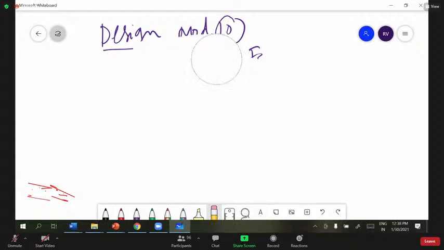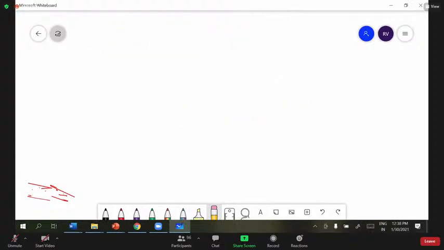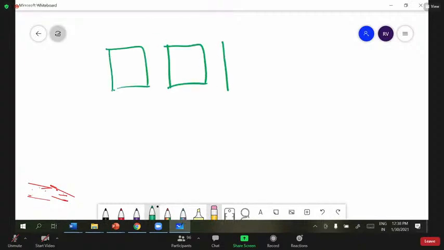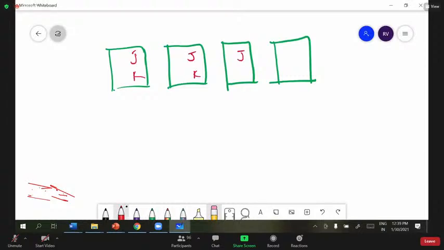While designing a mod 10 counter, you are simply taking all 4 JK flip-flops, same circuit, so nothing is new for us. 4 JK flip-flops I am taking.